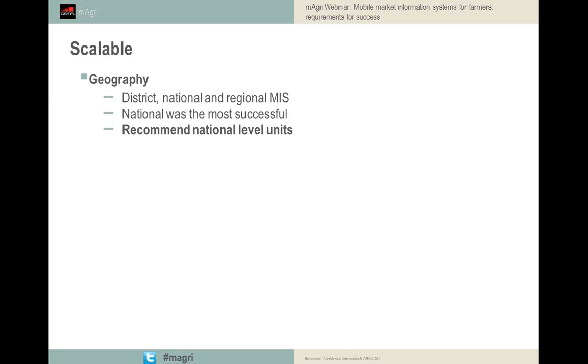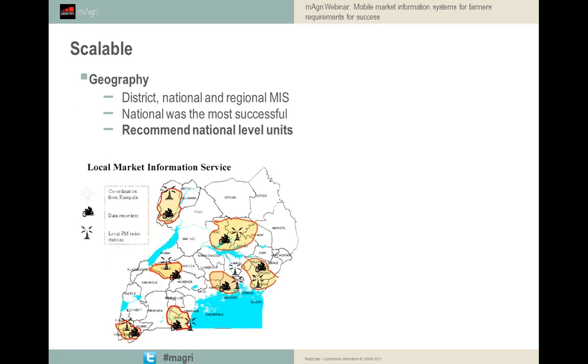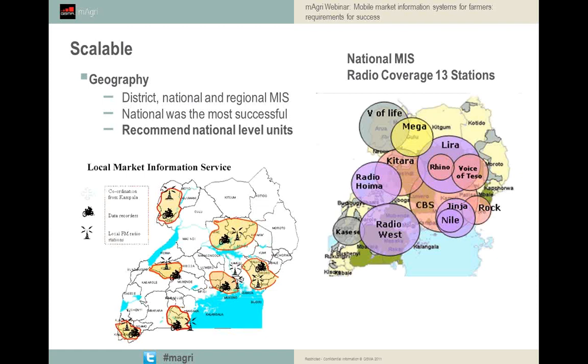Clearly, scale is a really important part of this process. And if you keep clicking that, please, one of the things that we tried to do in the beginning of this was to set up very localized district-level MISs. Now that was effective but costly. And when it came to the more competitive approach, or the more viable business model, we actually went to a national service. So we combined lots of smaller MISs into a large national service.